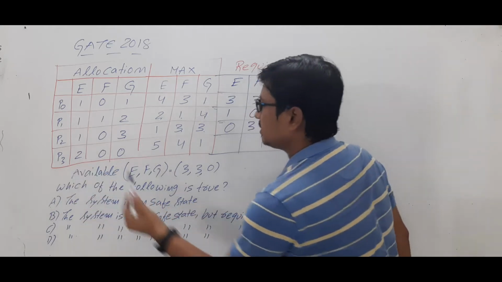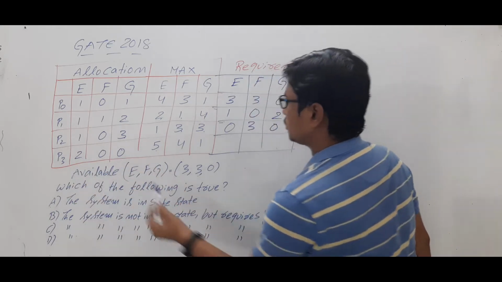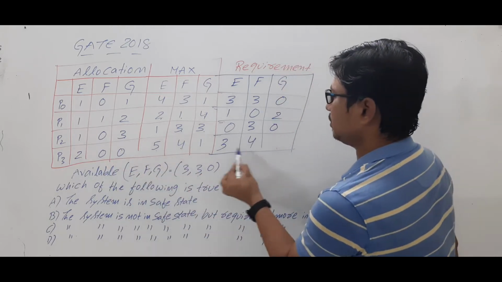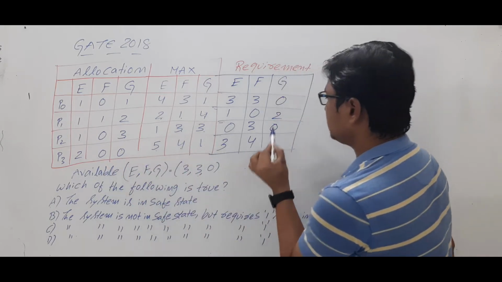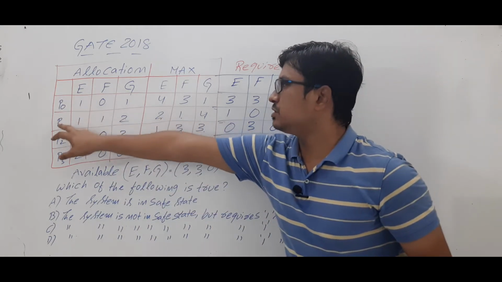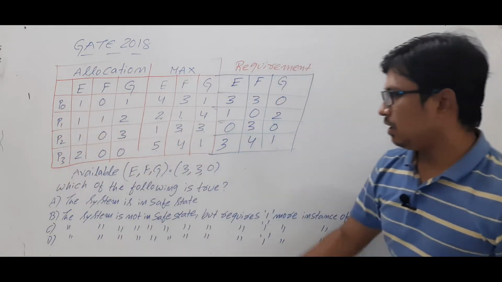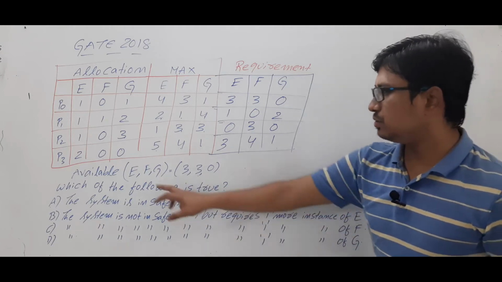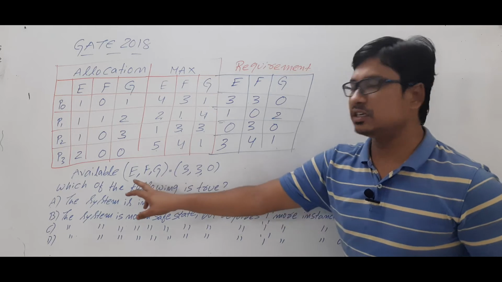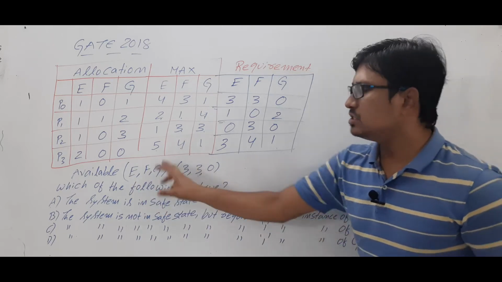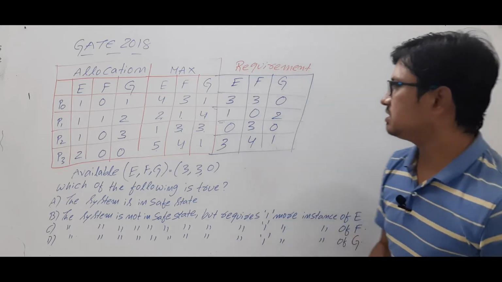Now look at P3. 5 minus 2 is 3. 4 minus 0 is 4. 1 minus 0 is 1. So this is the requirement of processes P0, P1, P2, P3. Now we have the availability 330. So we have 3 instances of resource E, 3 instances of resource F, and 0 instance of resource G available.